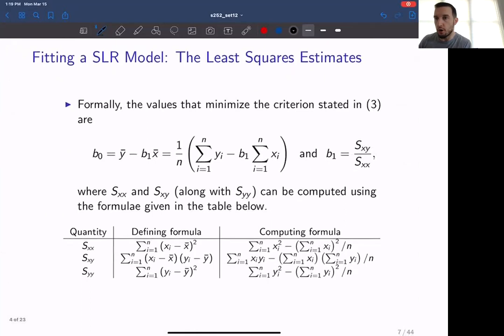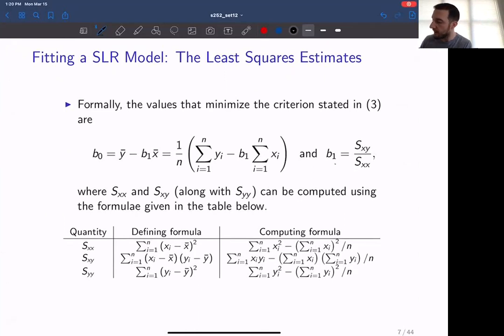Okay, so we can show that the values that minimize the least squares criteria are b0 equals y bar minus b1 x bar, and b1 equals Sxy over Sxx, where Sxy is shown in the second row of the table below. It's the sum of the product of the differences between each value of x and its mean.